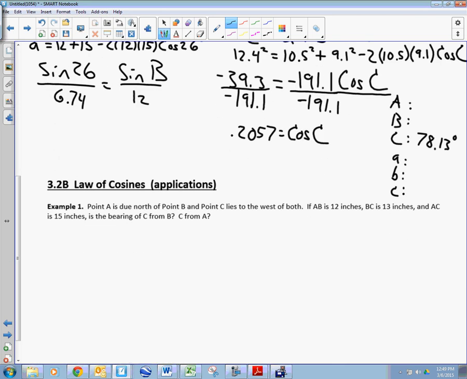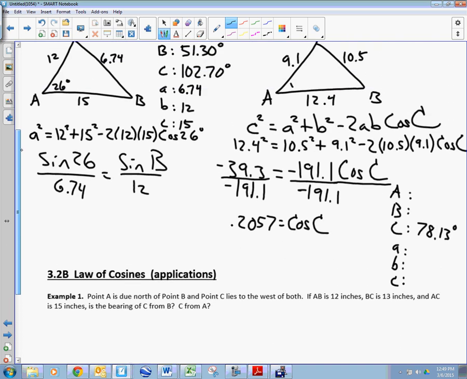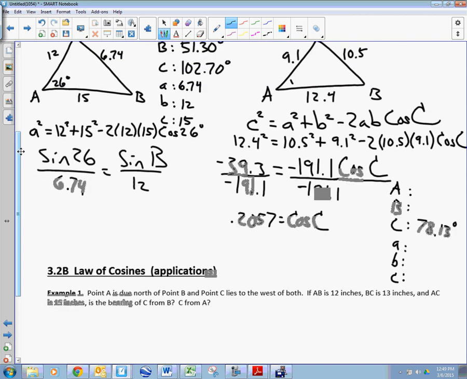Some people just continue to use the law of cosines. There's not many of those people out there. But some people think, okay, well, I know cosine will give me the right result, so I'm just going to use it. But it doesn't matter at all.